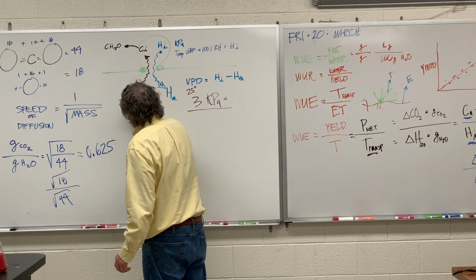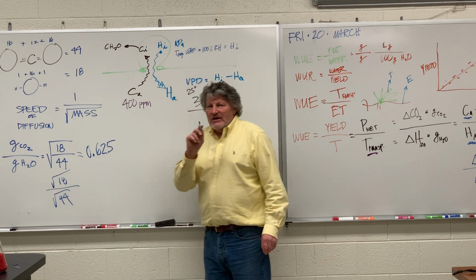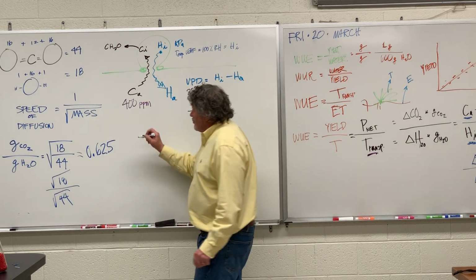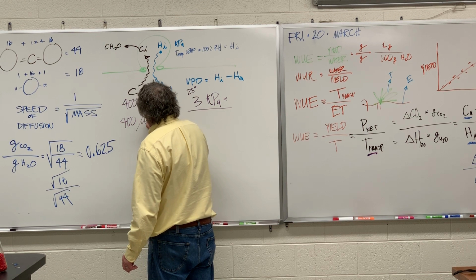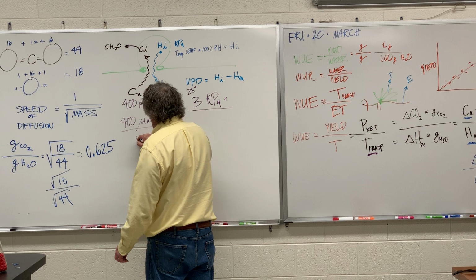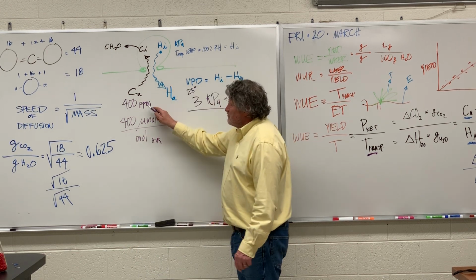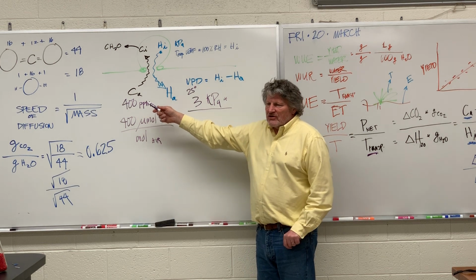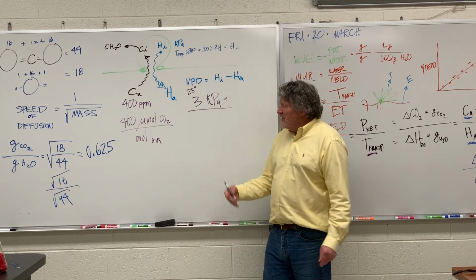So 400 ppm is exactly equal to 400 micromoles of CO2 per mole of air. Parts per million is just a shortcut way to write micromoles per mole, because it's a mixing ratio.